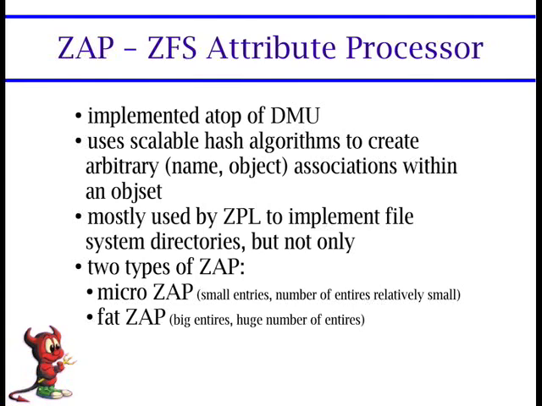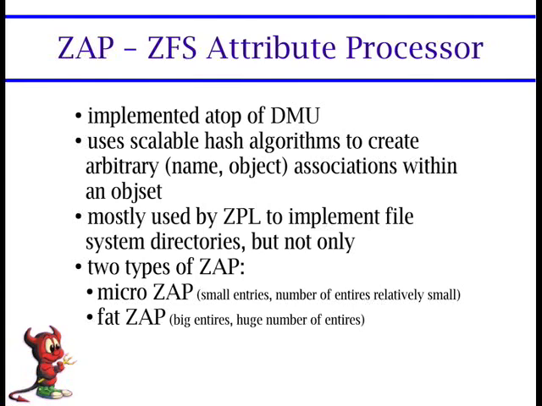Another layer, ZAP, the ZFS Attribute Processor, is responsible for managing all the directories and file names. It just manages name-object pairs, and it's also used for other things, but mostly for file names.